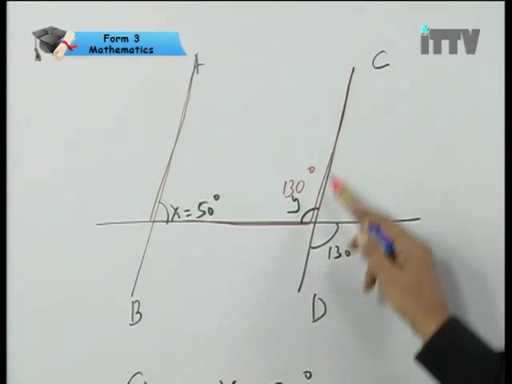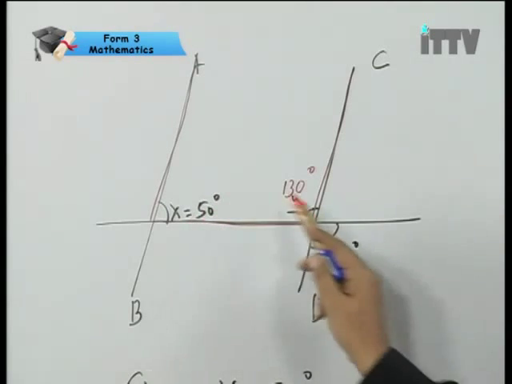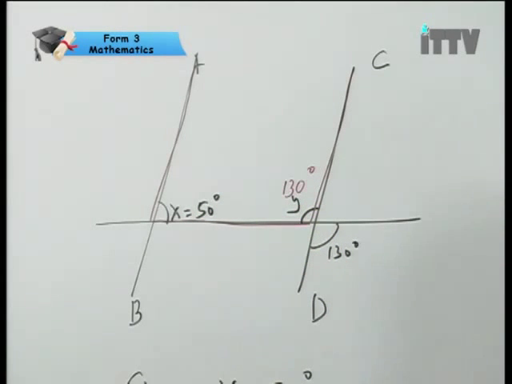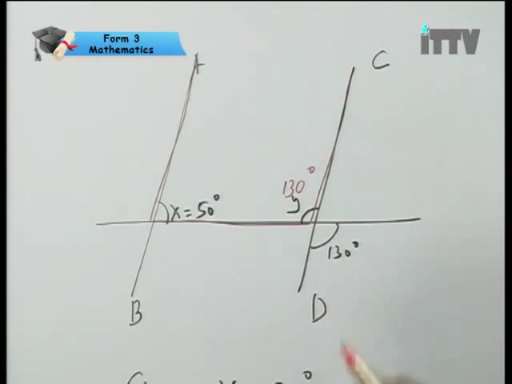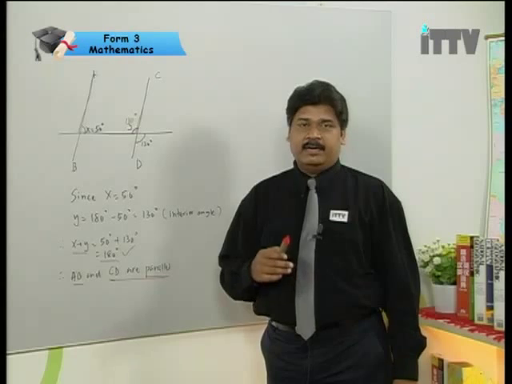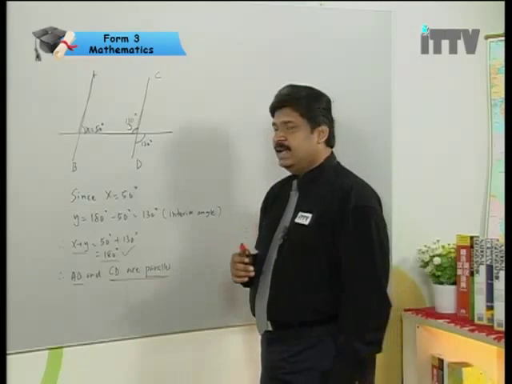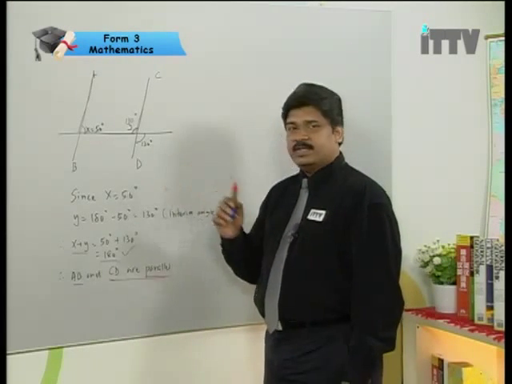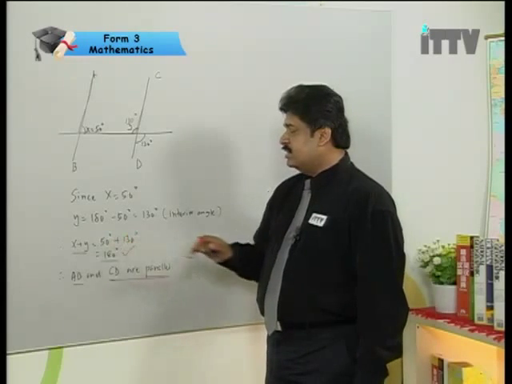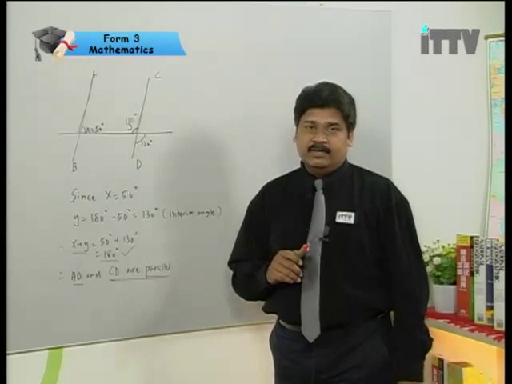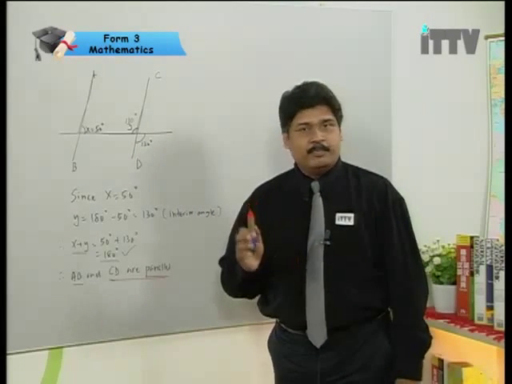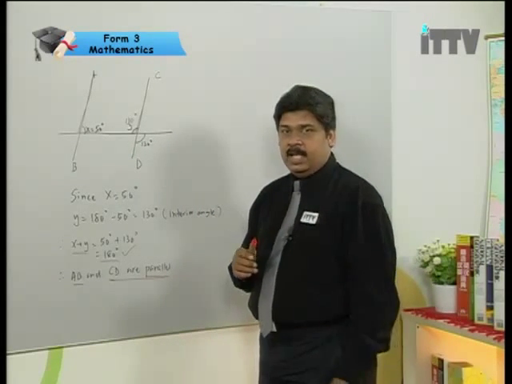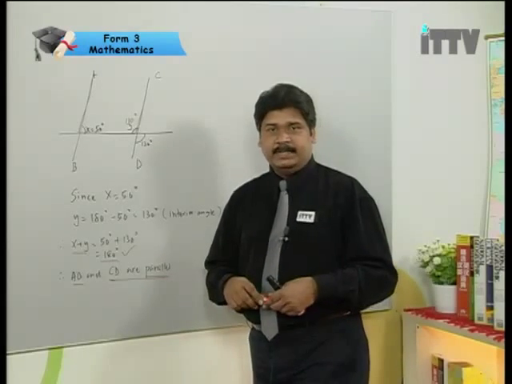Since we are dealing with interior angles and the sum adds up to 180, therefore, line AB and line CD are parallel. So that is your answer: the value of x plus y is 180 degrees and both the lines AB and CD are parallel in nature. Let's turn to the next question.